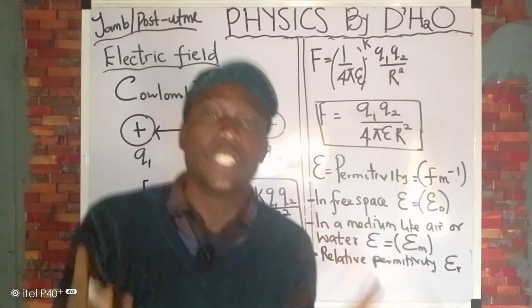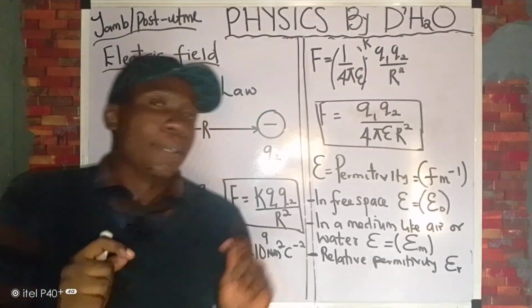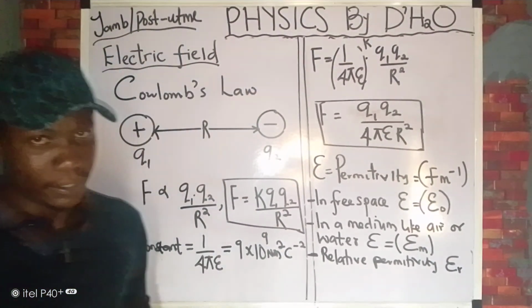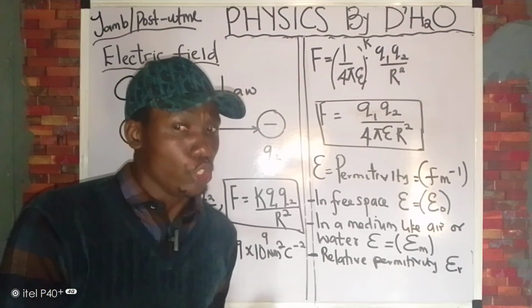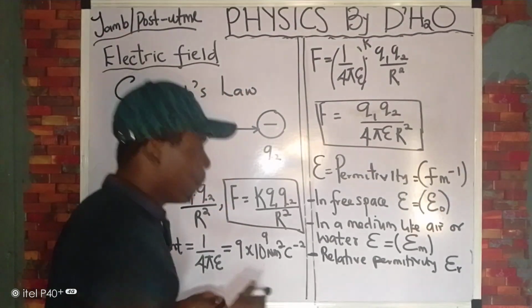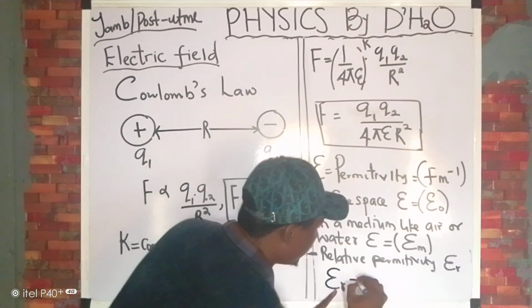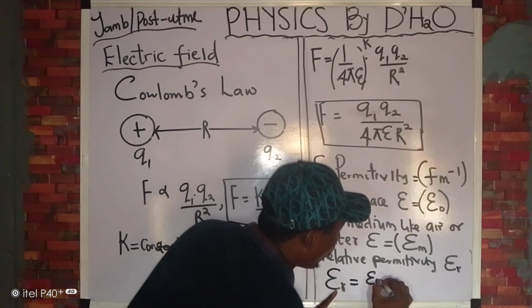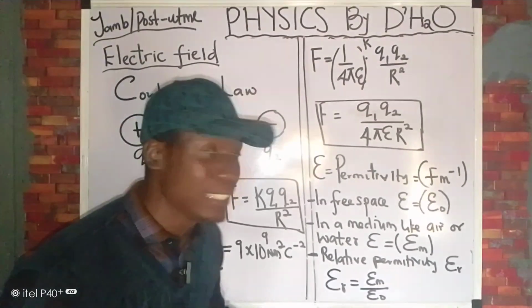Your relative permittivity is the ratio of the permittivity of the medium to the permittivity of free space. Take note of that. So we mean that our relative permittivity is permittivity of the medium over the permittivity of free space. Remember, for free space, we have E naught.